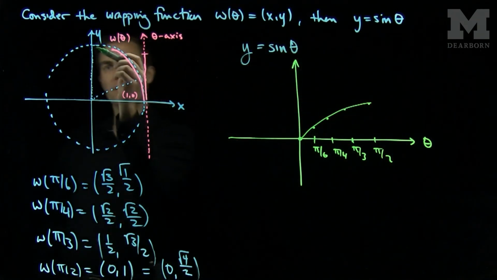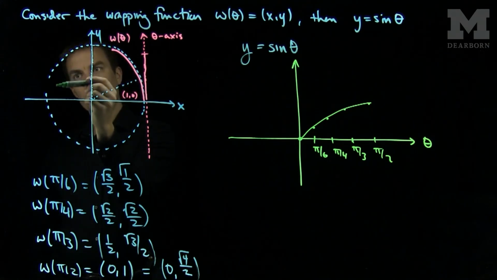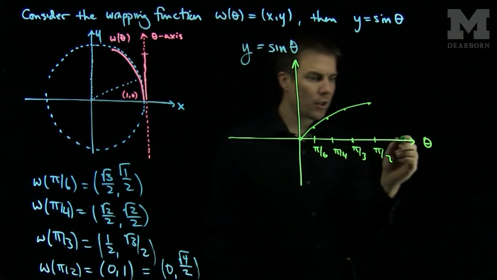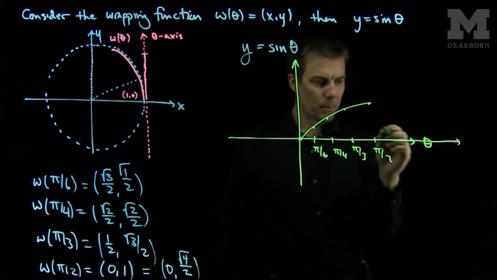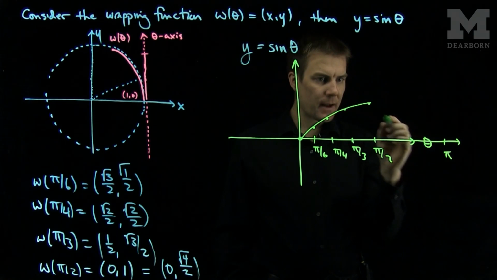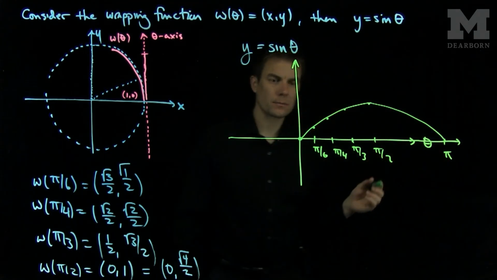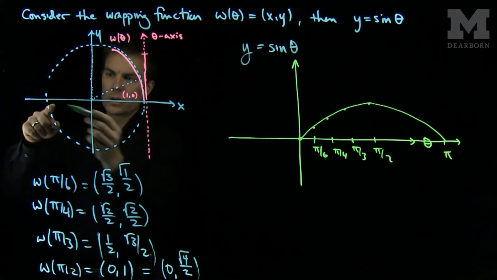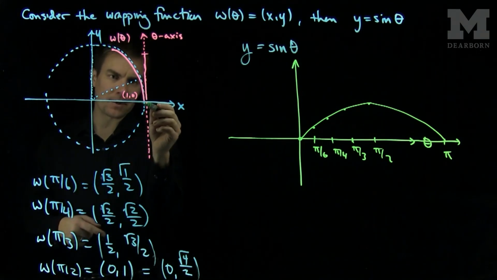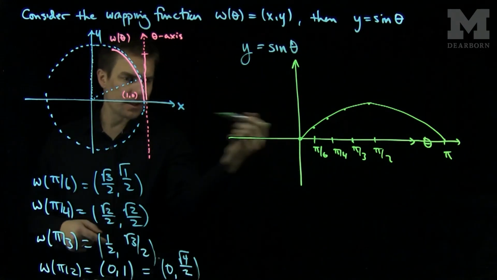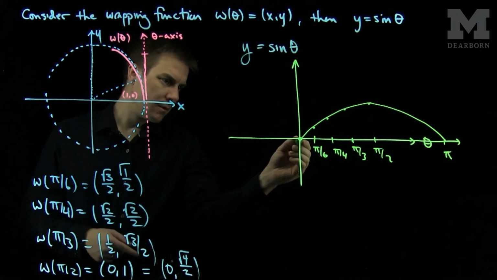Now, as we go into the next quadrant, the sine is going to follow the same trajectory except going down. So we can go all the way up to pi, and then I'll have the exact same behavior going down. And once we get down to the negative values, we see the exact same behavior happens except opposite. So if I go from 0 to the left, I have the same values but the opposite sign.